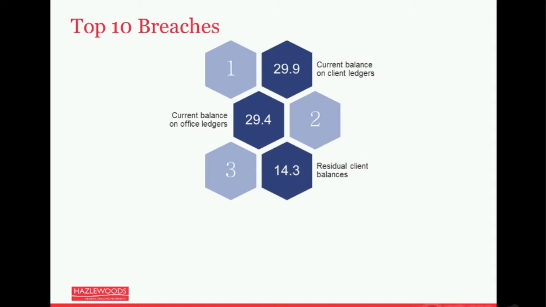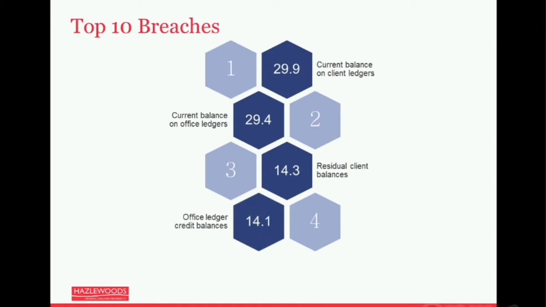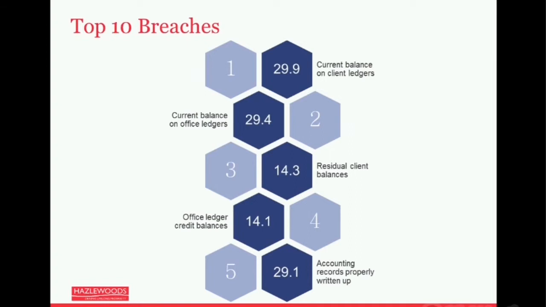Rule 14.3, returning balances to clients promptly upon the completion of a matter, or residual client balances. 4. Rule 14.1, which is client money being paid promptly into the client account, or office ledger credit balances. 5. Rule 29.1, keeping accounting records properly written up.